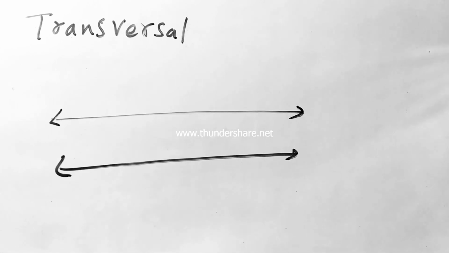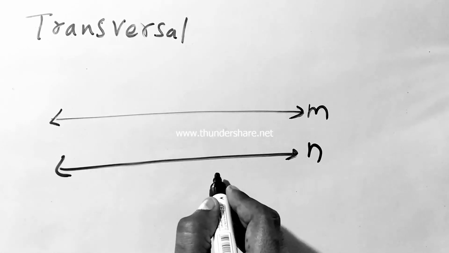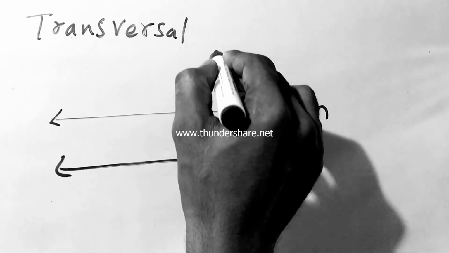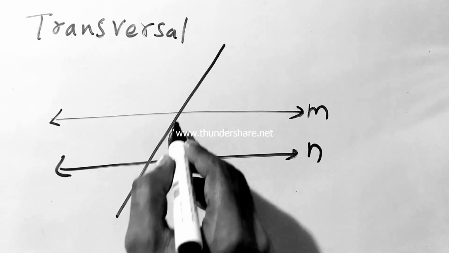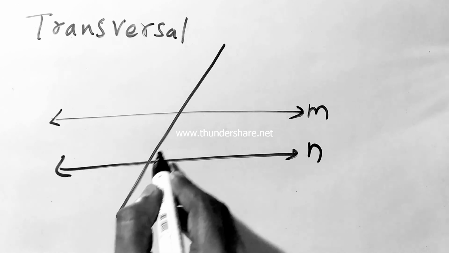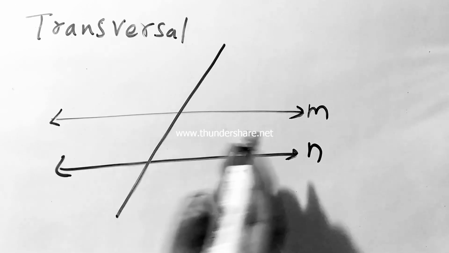Let us take two lines, this is M, this is N. Another line is intersecting the two lines at different points. This is point 1, this is point 2.